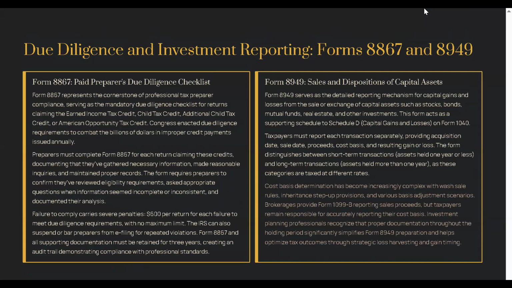Form 8867 is the paid preparer due diligence checklist. We're going to get into the 8867 in more detail later, so I'm just going to touch on it here, and we've been talking about it from week to week. It's very significant that, if you have been preparing taxes previously using Free Tax USA or TurboTax, whatever, you really didn't have a responsibility. So that was a big thing.